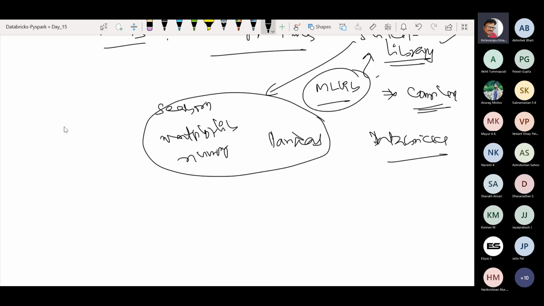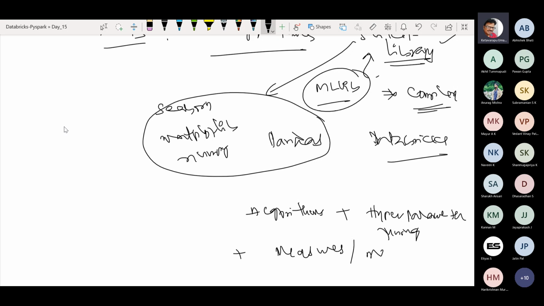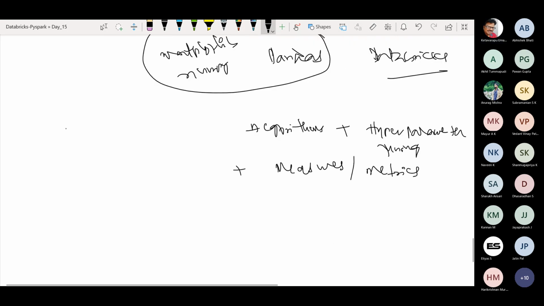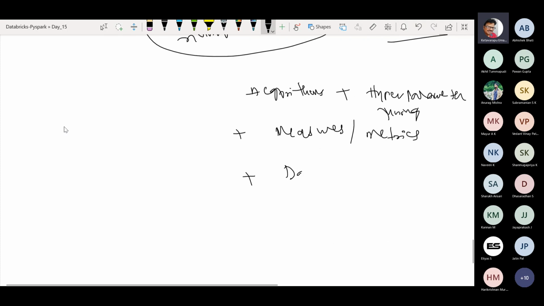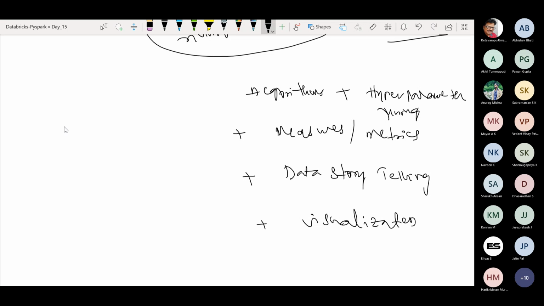As I said, you need to have the algorithms, hyperparameter tuning, and thereafter understanding of measures or metrics, and the most important skill, guys, data storytelling and visualization or interpretation of the data.